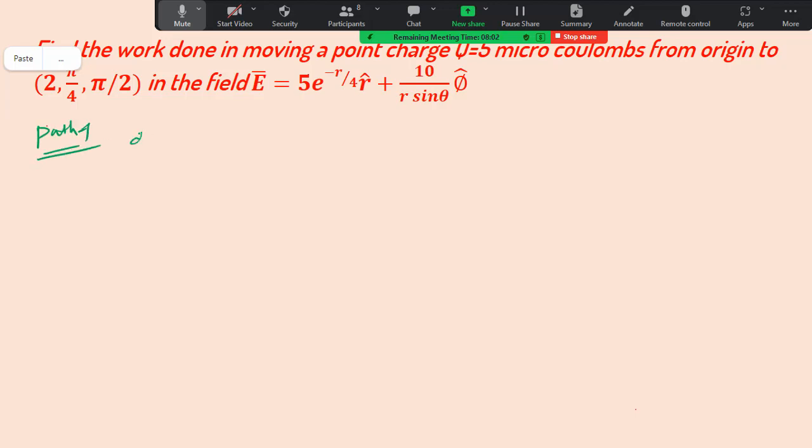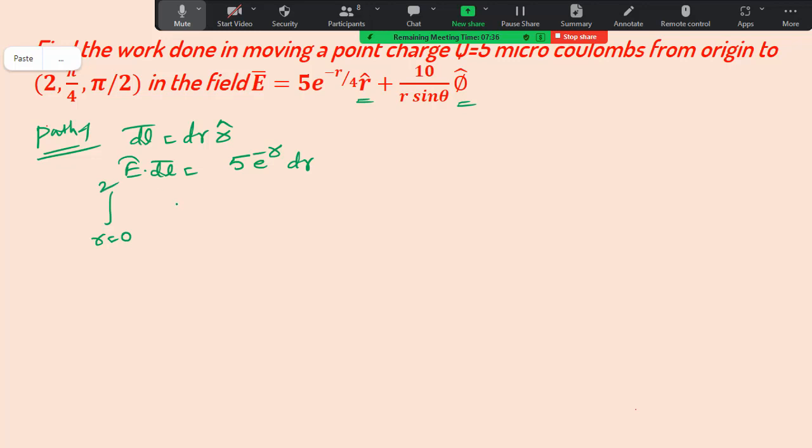Path 1, we have observed that dl bar is equal to dr r cap. Then E bar dot dl bar: E bar has an R component and a phi component, so R dot R gives 1, so it is 5 e power minus R dr. R is changing from 0 to 2.